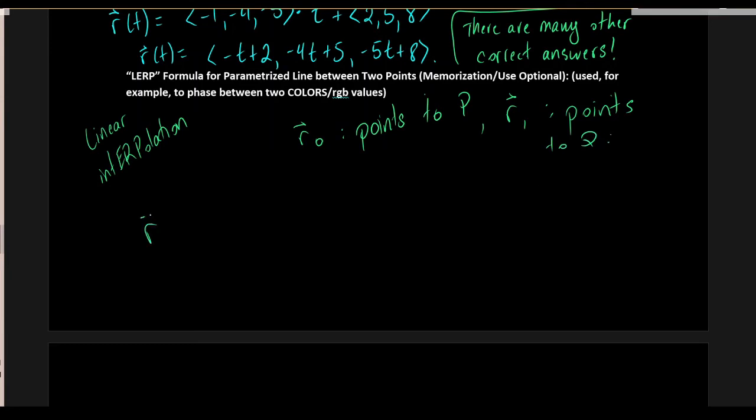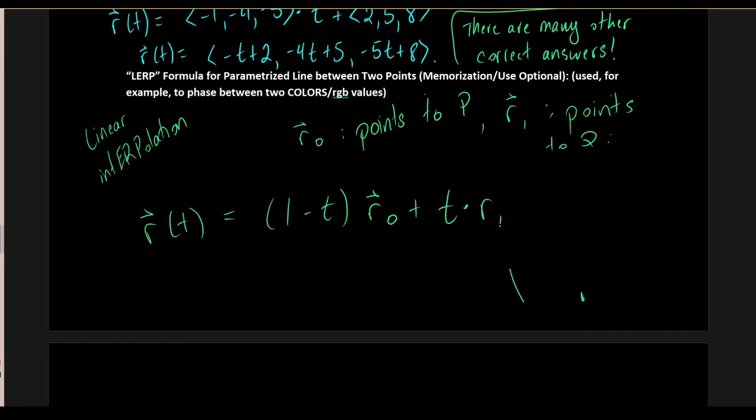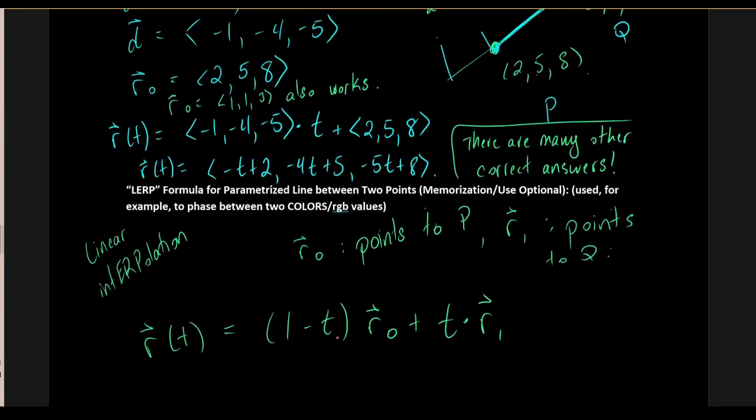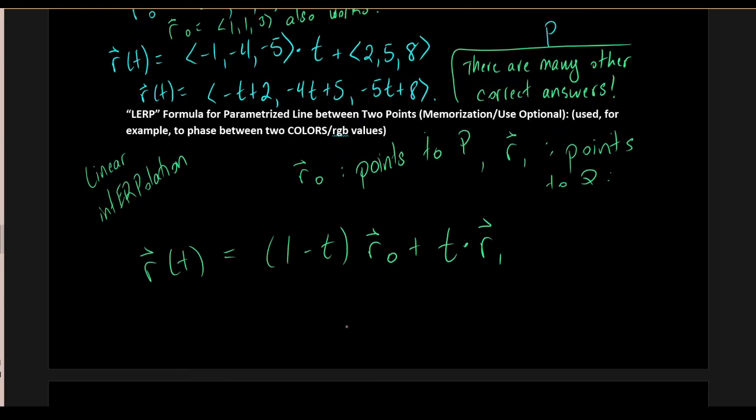And then a parameterization for the line between them can be found by taking 1 minus t, that number, and use it to scale the vector R0, and take the parameter t and use it to scale the vector R1. This formula is equivalent to the process that we used in the previous exercise.